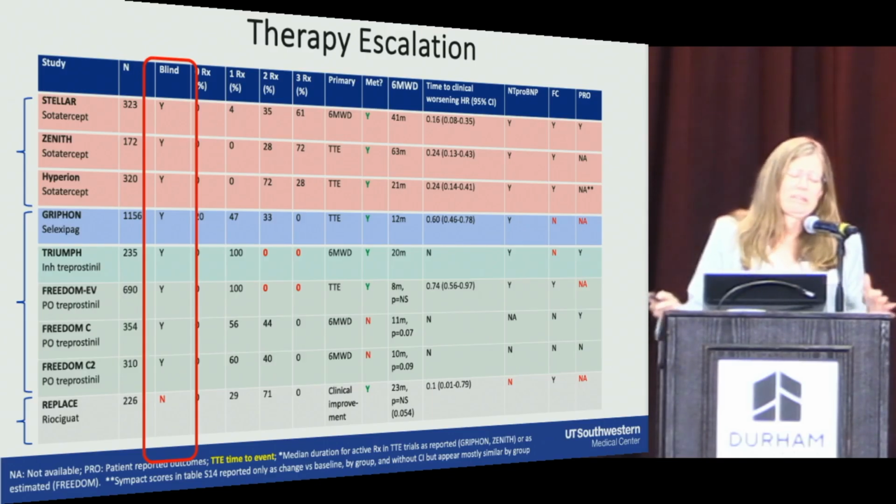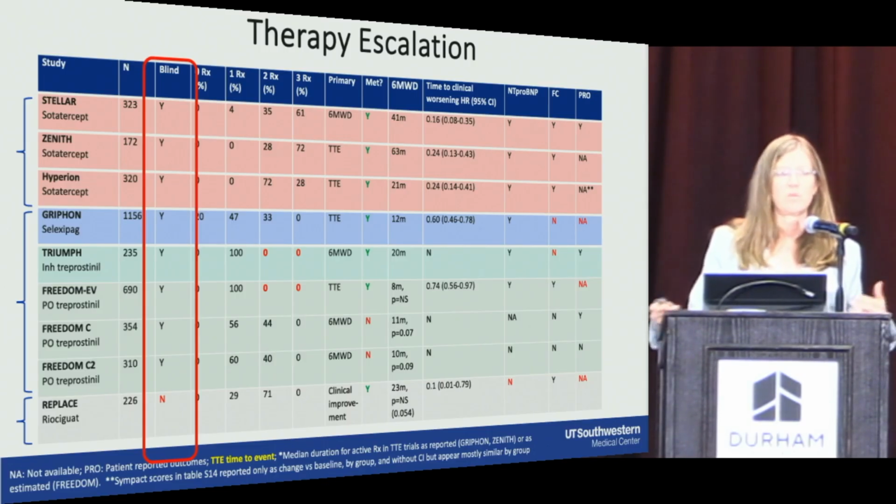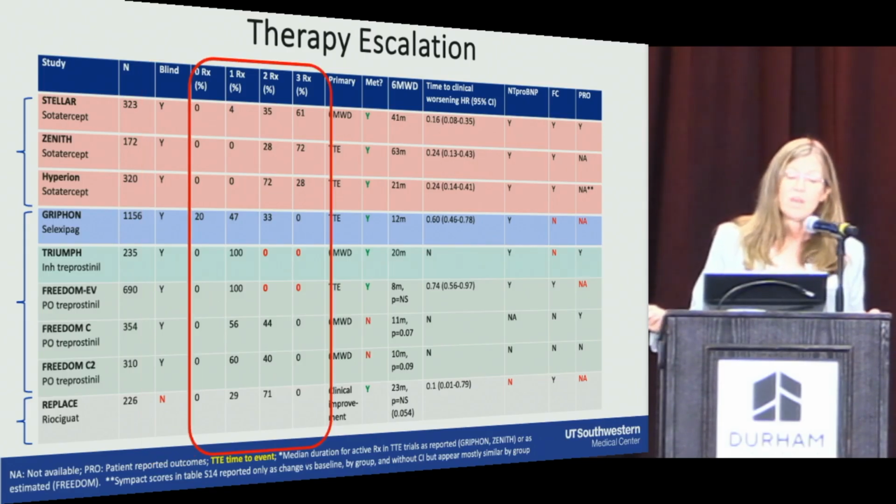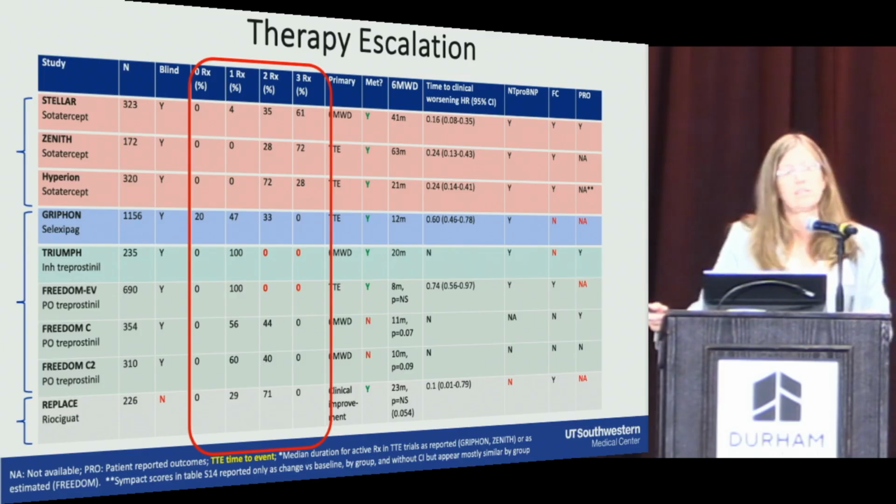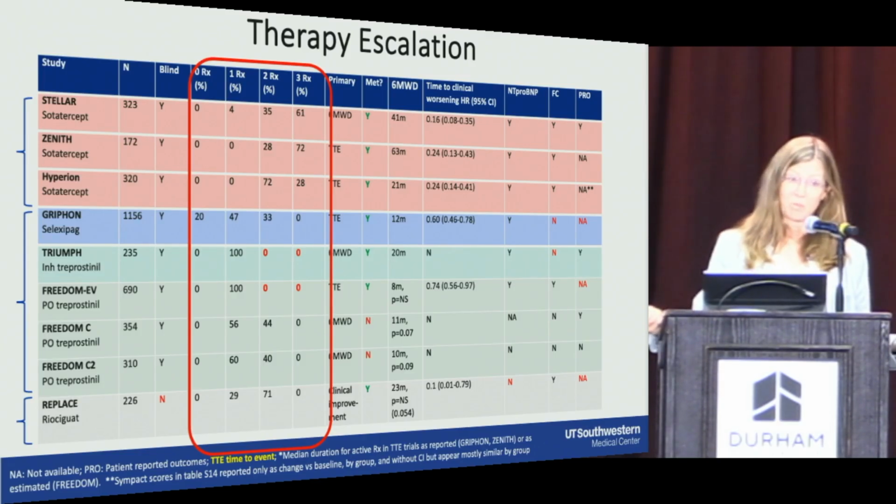So that somewhat lowers the confidence in the results, especially when you're dealing with somewhat soft endpoints, like how do you feel, what's your functional class, and maybe even walk. It's a concern.